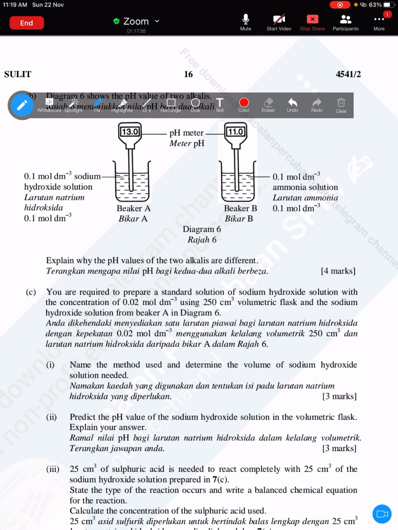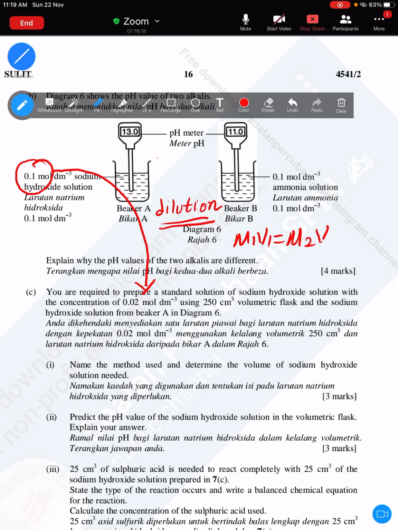Okay, the question is, you are going to use this to prepare this. The 0.1 becomes 0.02. Therefore, you are going to do a dilution. Pencairan. Dilution. What is the formula of a dilution? M1 V1 equals M2 V2.